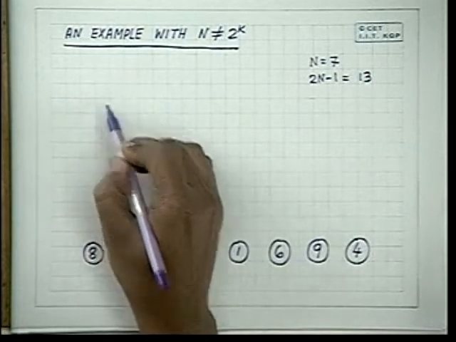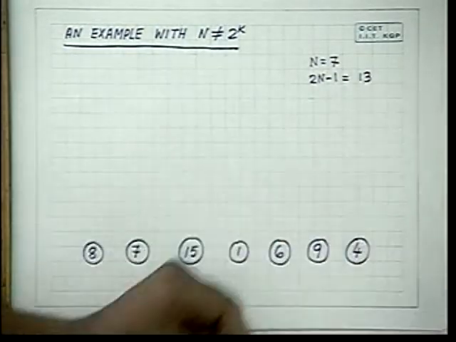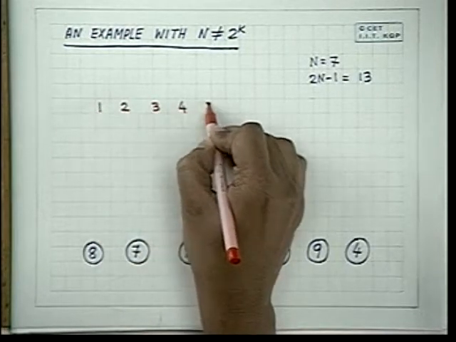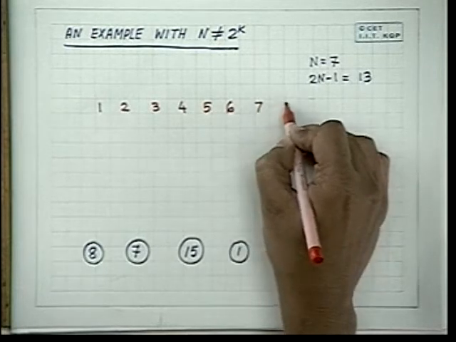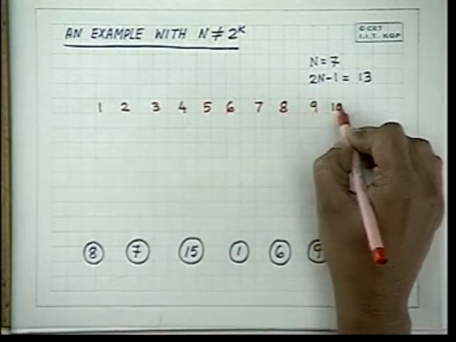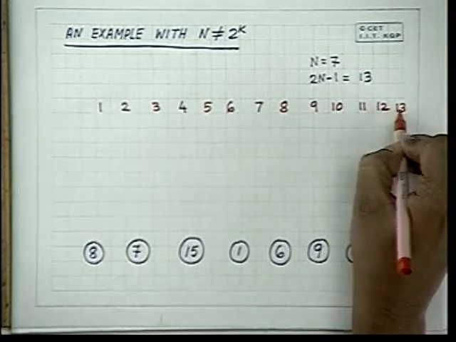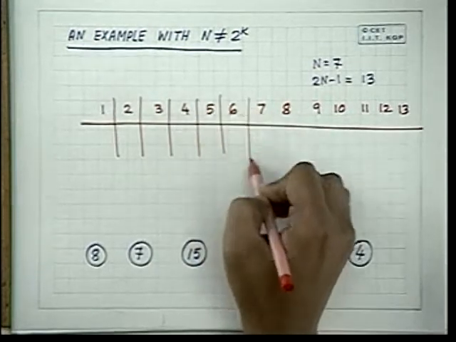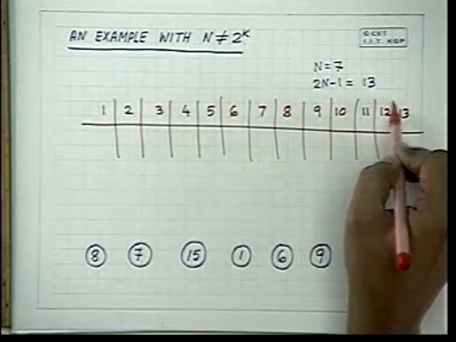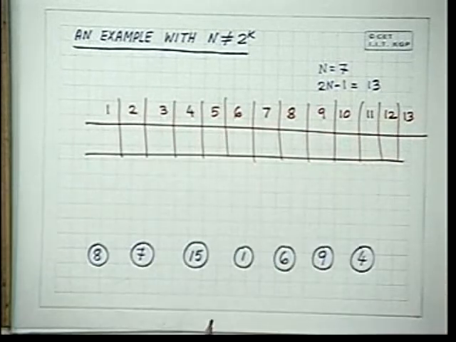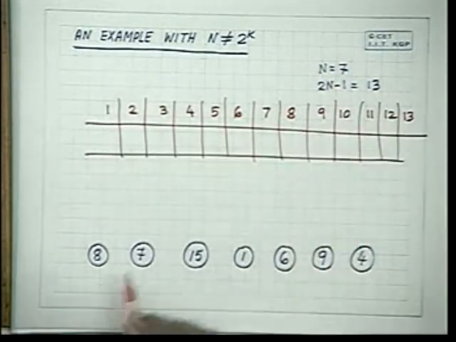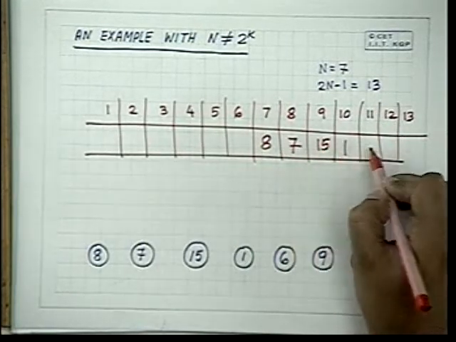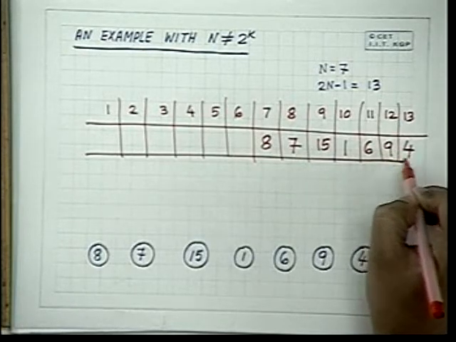So in our array, we have got 13 locations, 1 through 13. The first thing that we do is store the numbers from 7 to 13: 8, 7, 15, 1, 6, 9, 4.